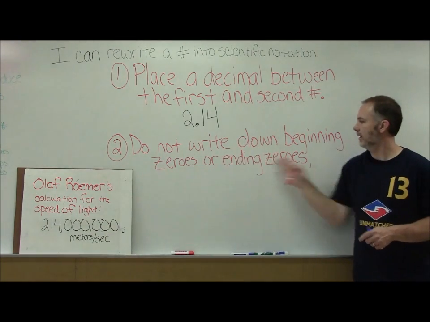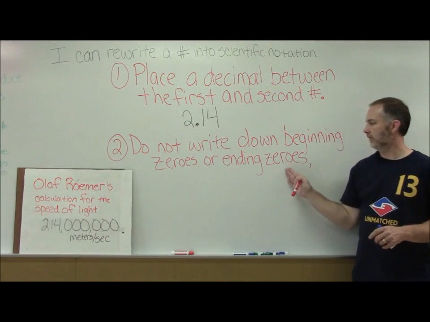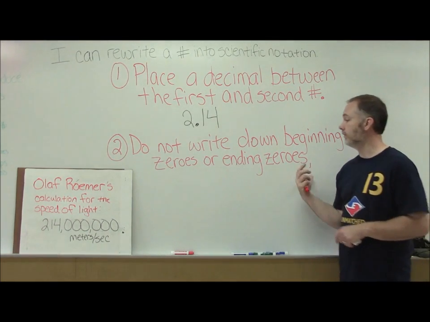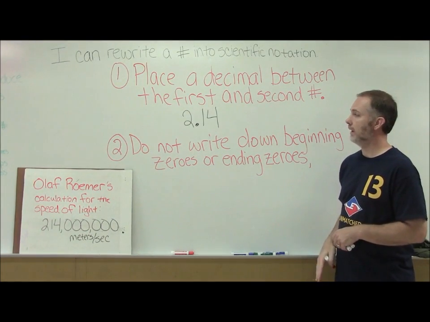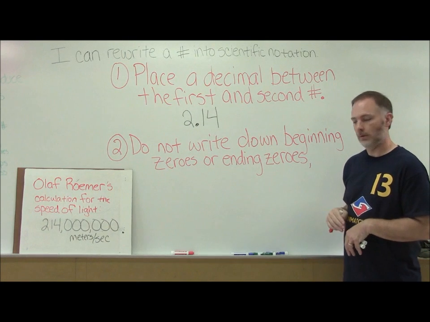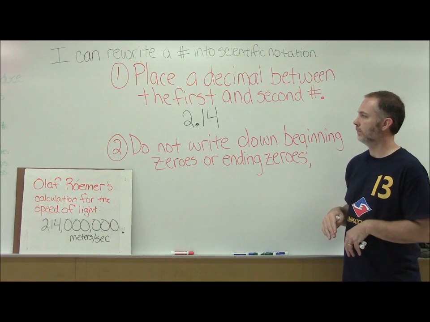So do not write down beginning zeros or ending zeros, because what we do have to write down, we're going to write down times 10 to the, because this does multiples of 10.